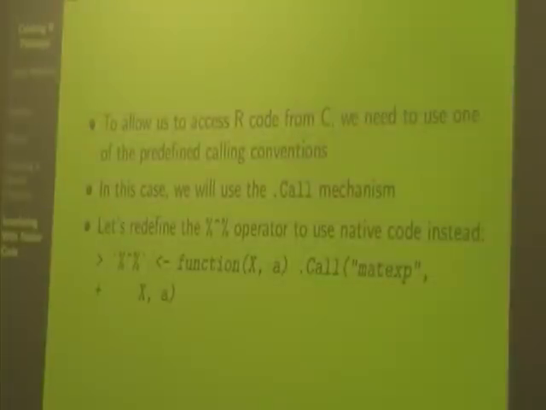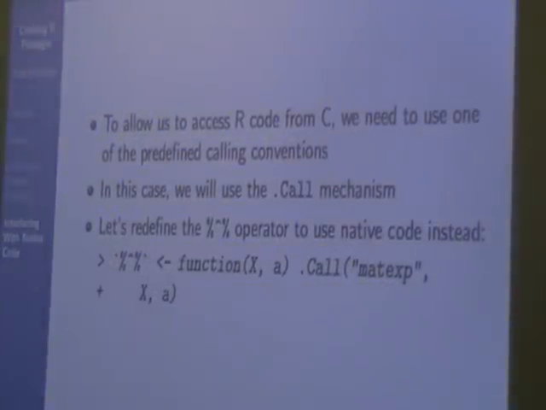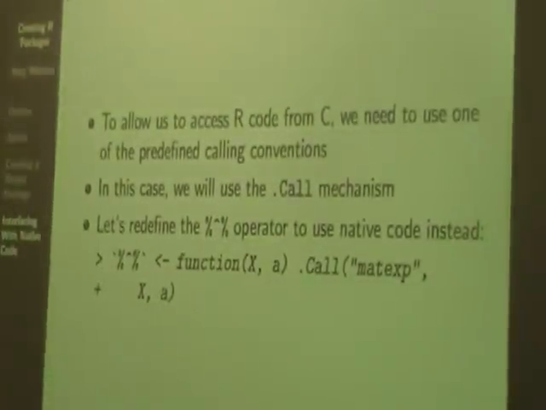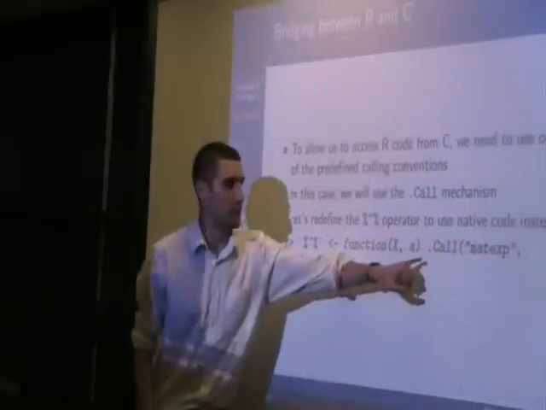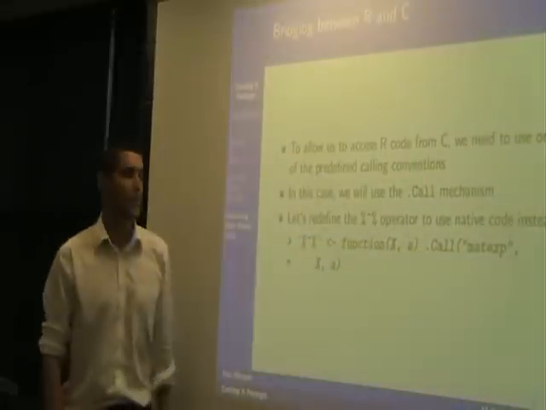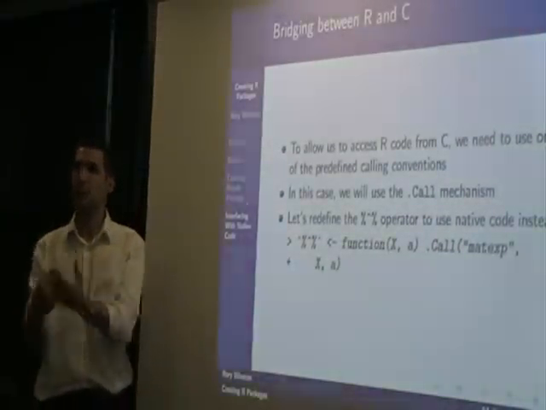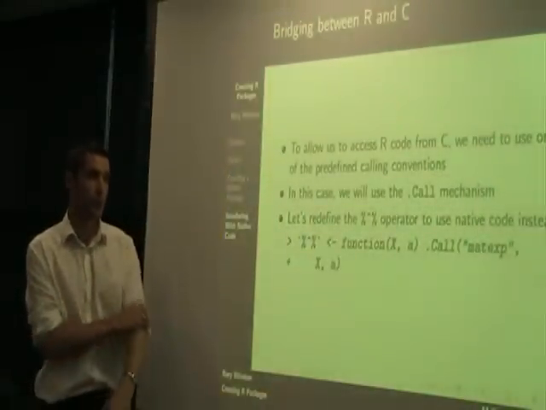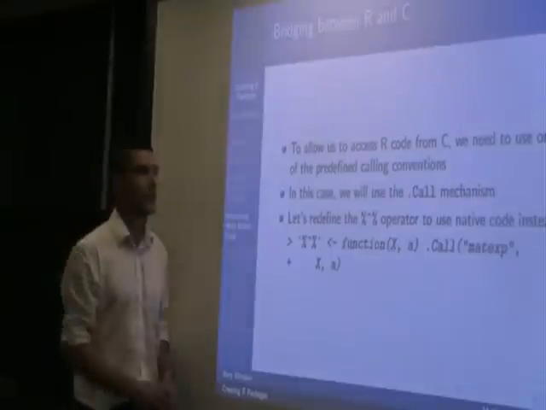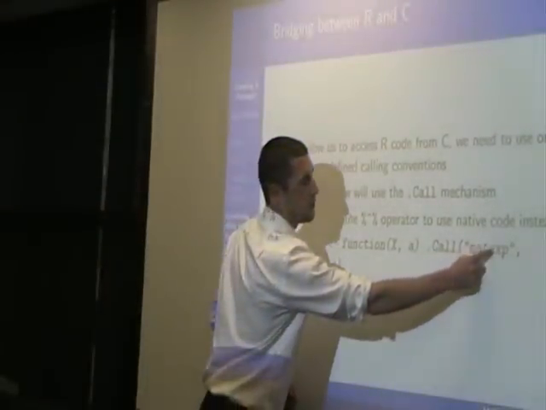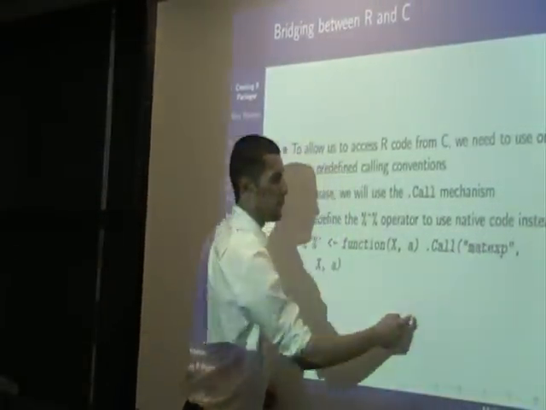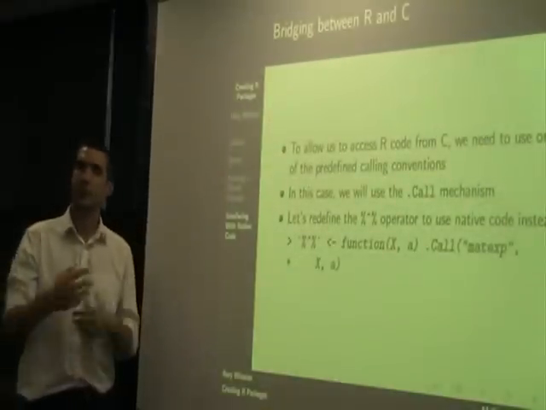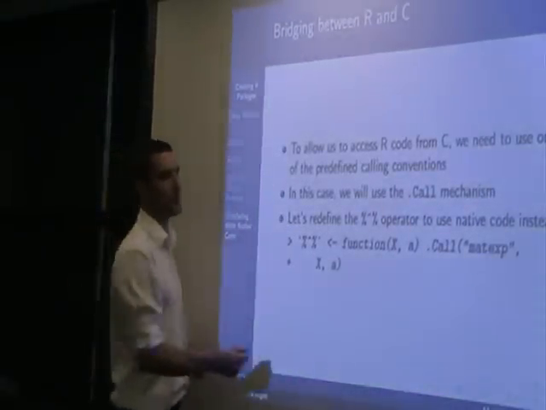So I need some way of invoking that function from R. Some of you may have seen this mentioned before, but there's a feature in R called .Call, which allows you to call out to native code directly from your workspace. If you've got a function that's loaded and R knows about it, I can just call it by passing its name and some arguments, and R does all the work of converting arguments to the right format and so on.